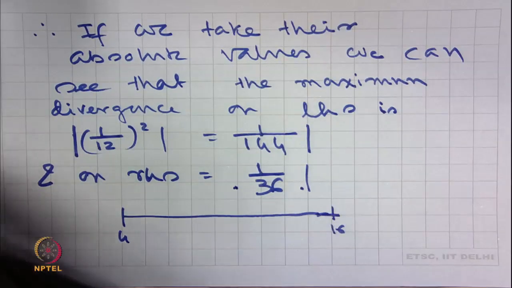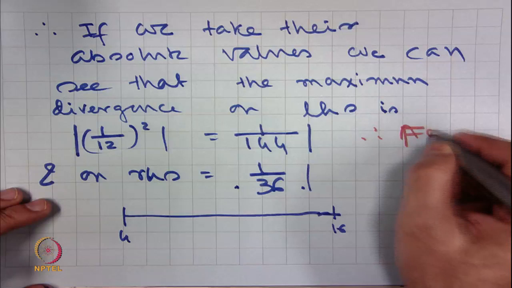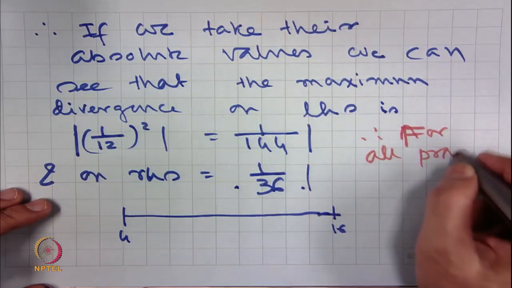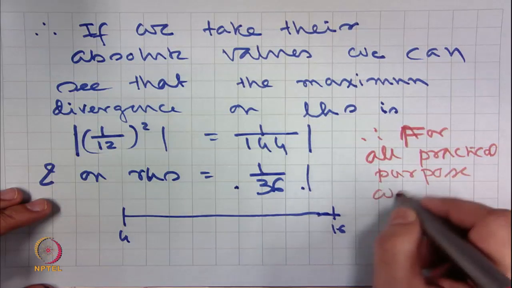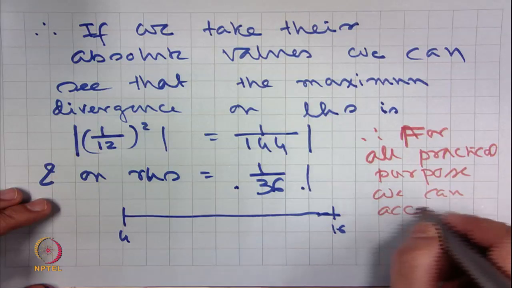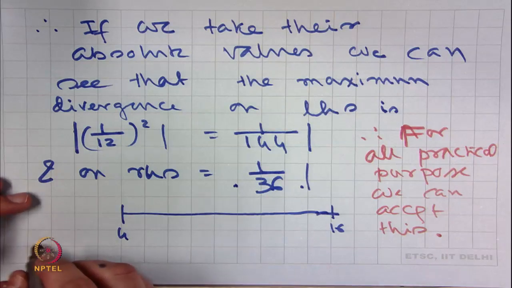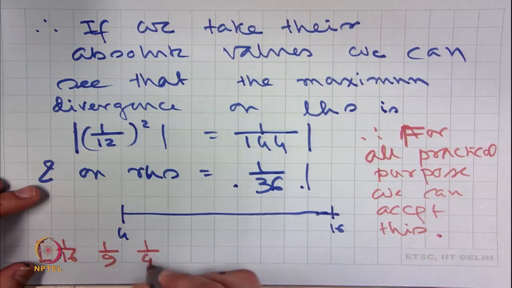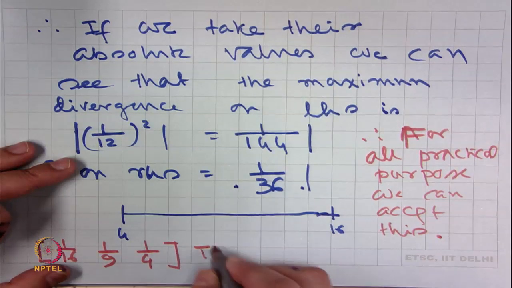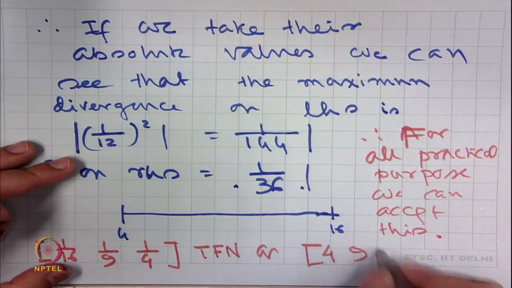So, for all practical purposes, we can accept this. That is, 1/16, 1/9, 1/4, these TFN as inverse of 4, 9, 16.